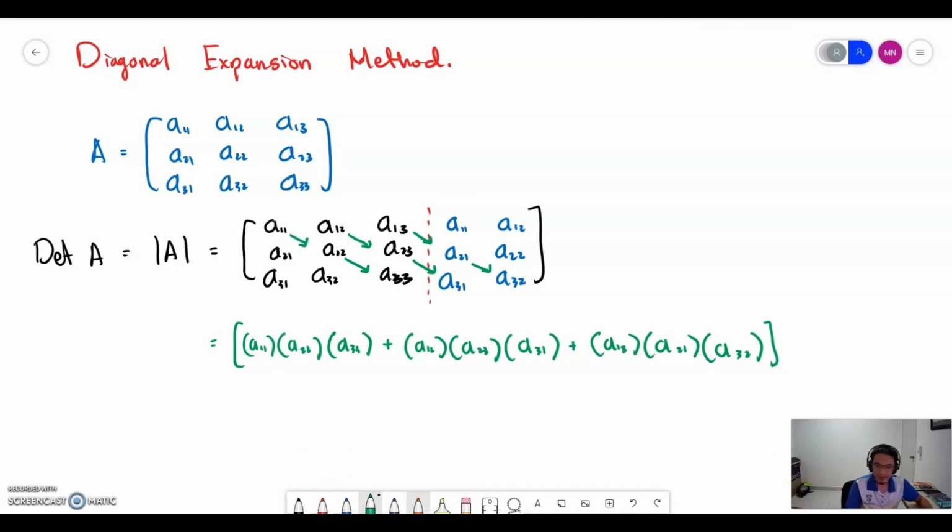Next we take this whole bracket, which is the diagonals to the right side, minus the diagonals to the left side.